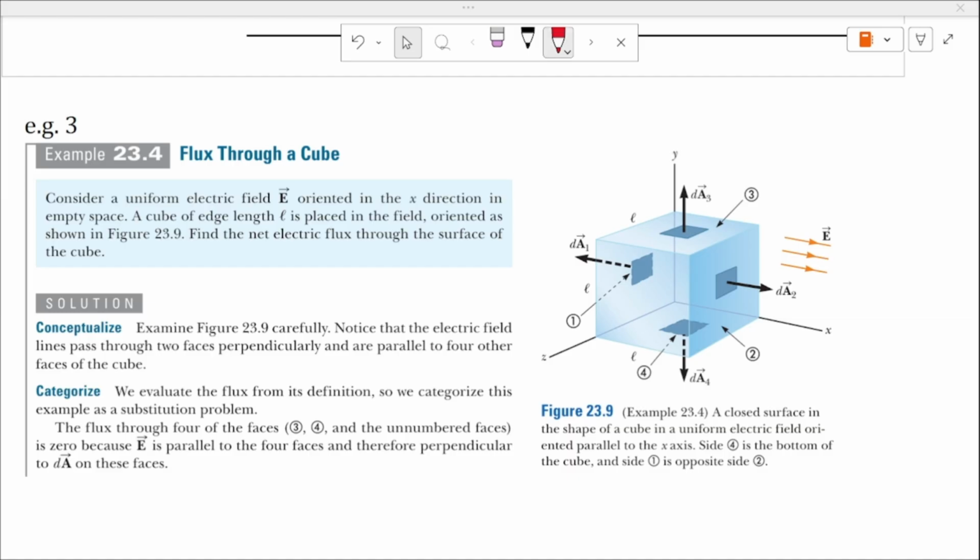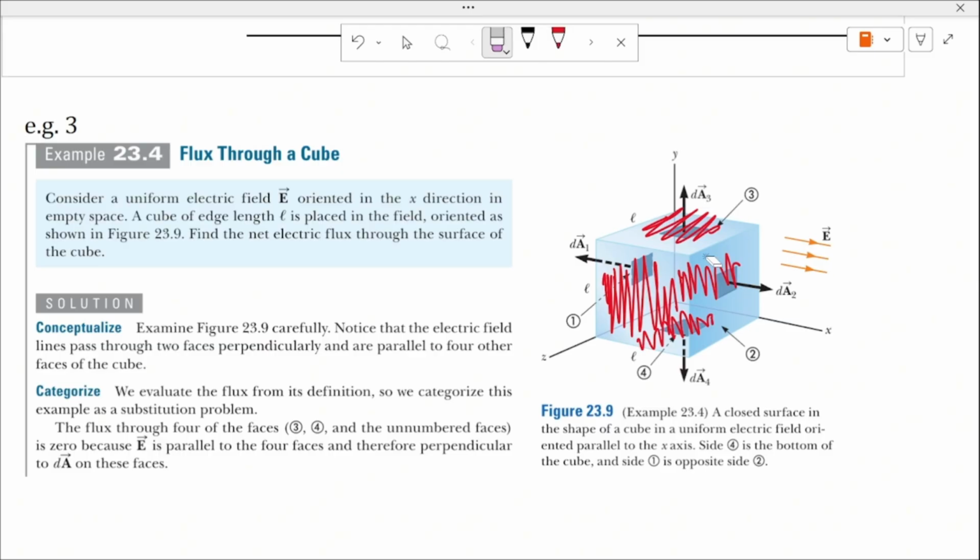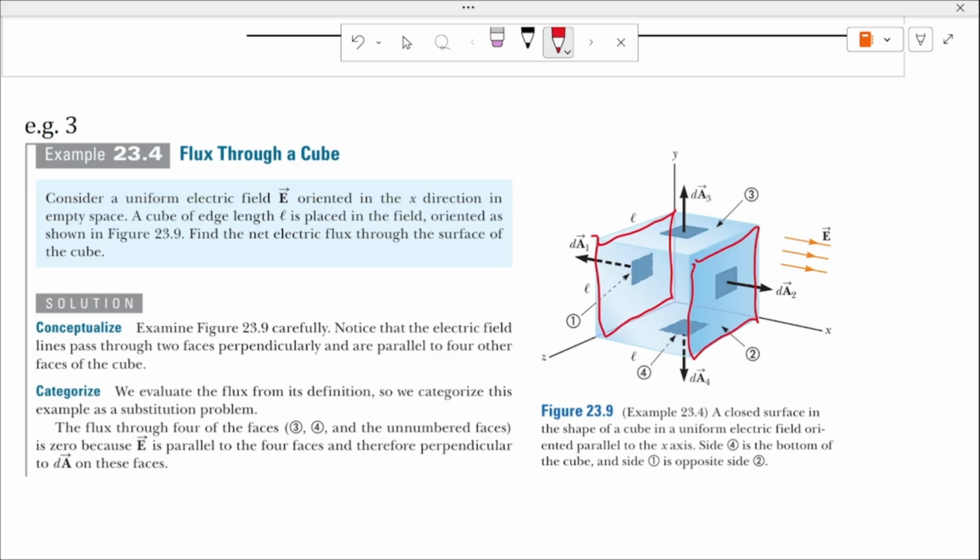So again, that's these four sides parallel to the x-axis, or with the normal perpendicular to the x-axis: this side, this side, this side back here, and the bottom of the cube. So top, bottom, left, and right. However, this side back here and this side back here are going to contribute something to the net flux.